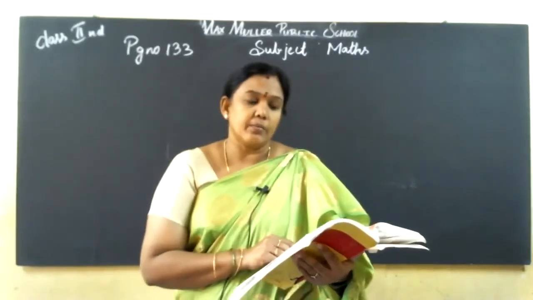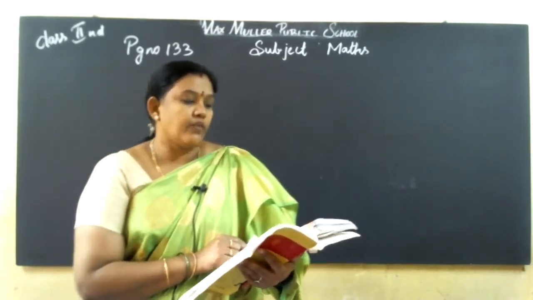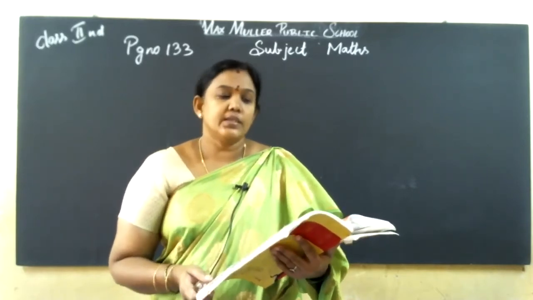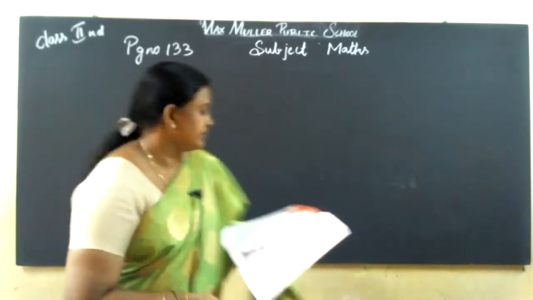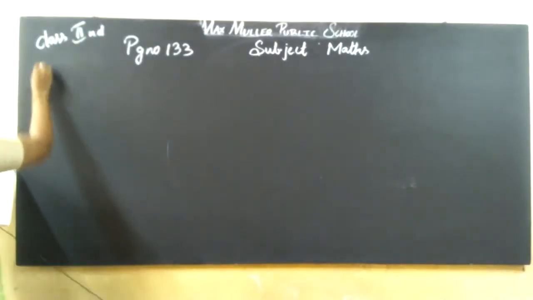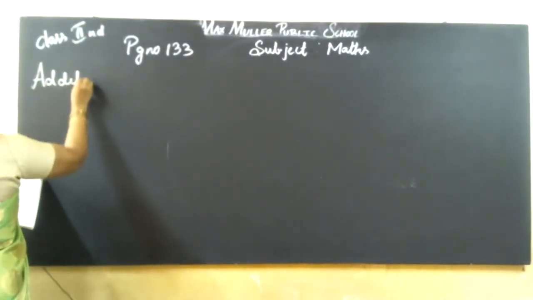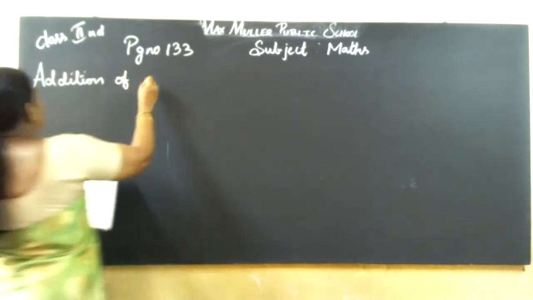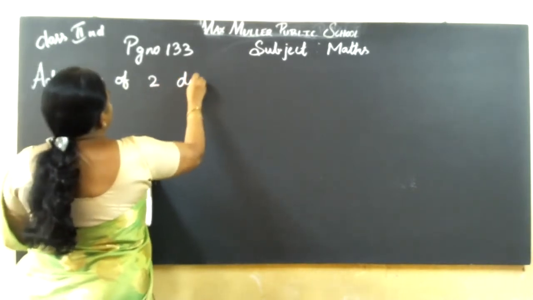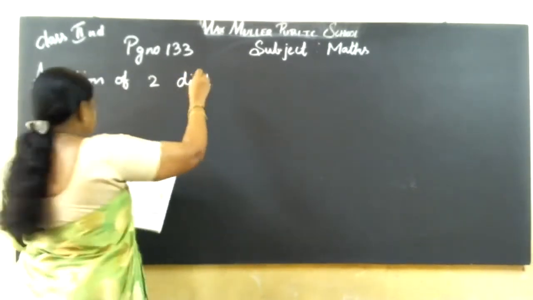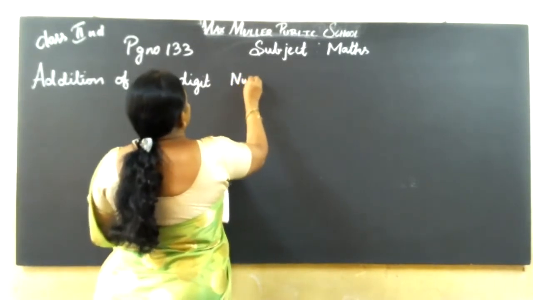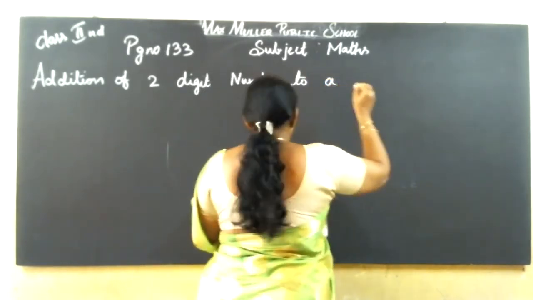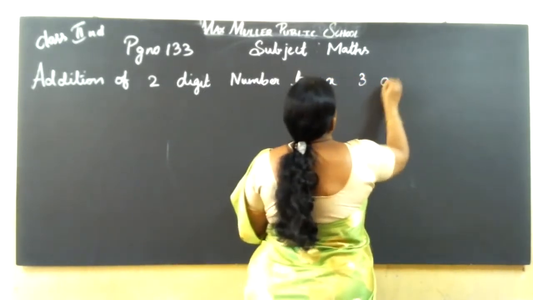Addition of 2-digit numbers. Last class, what did we do? Addition of a 1-digit number to a 3-digit number. We did, no, children. Now, addition of a 2-digit number to a 3-digit number.